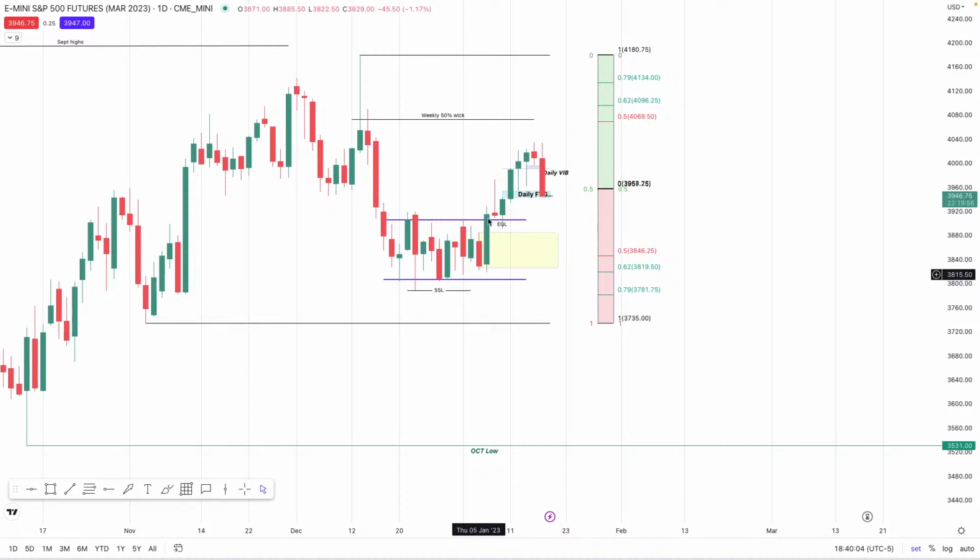We just had this strong move up out of this consolidation. We could retrace back down here before we start moving up again. It's quite possible. It might want to dip back down into this discount area on the PD array before making another high to this 62% and getting up into this weekly 50% wick that we had marked on our charts from the ICT talk.